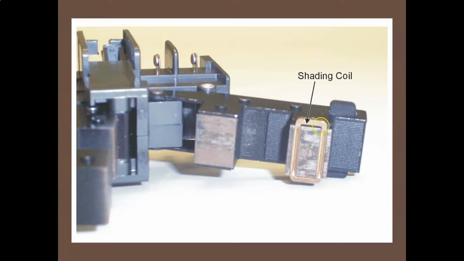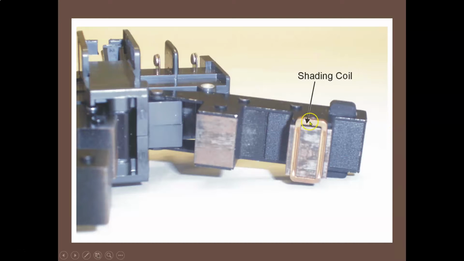What a shading coil is used for is when your armature, it all goes back to the seal-in voltage and the dropout voltage, right? When the seal-in voltage gets hit by 85%, it's going to pull in your armature. And you have a magnetic field traveling in a certain direction in your armature, or in that core.